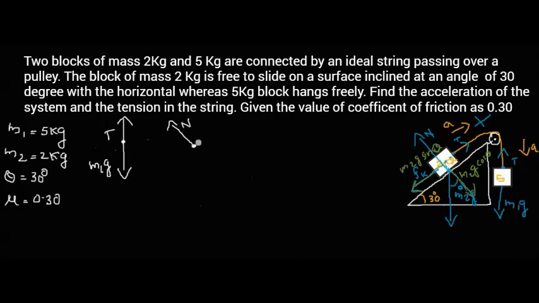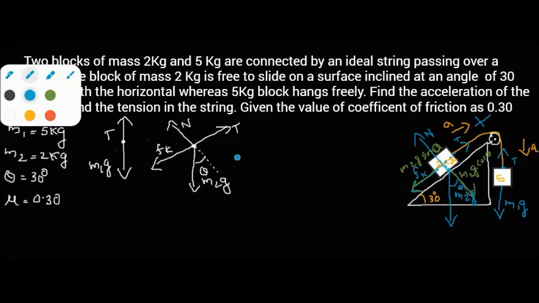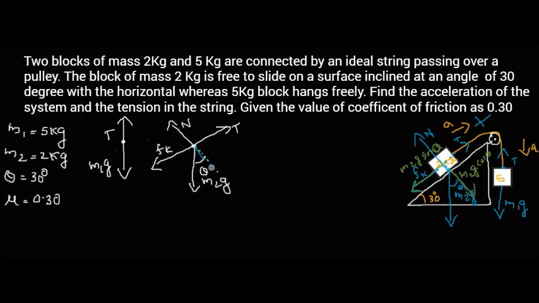And the tension is acting along this direction, and the frictional force is acting along this direction, and the weight is acting along this direction, m2g. And since this m2g is making an angle theta with the vertical axis, we resolved that into two components, and this is m2g cos theta and this is m2g sin theta, right?